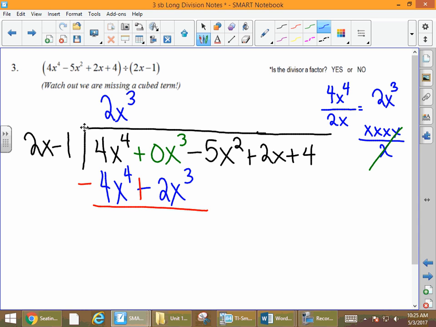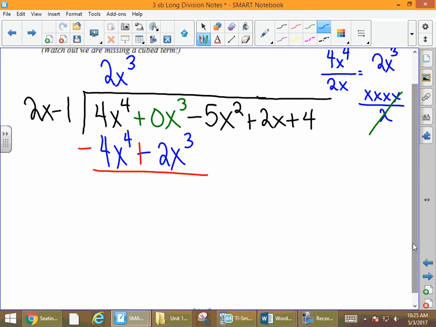When we change both signs, 4x to the 4th is going to cancel out. Positive 4x to the 4th, negative 4x to the 4th. And then we get 0 plus 2x cubed, which is 2x cubed. Bring down the minus 5x squared.